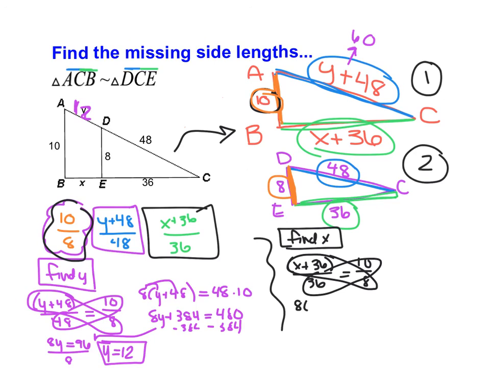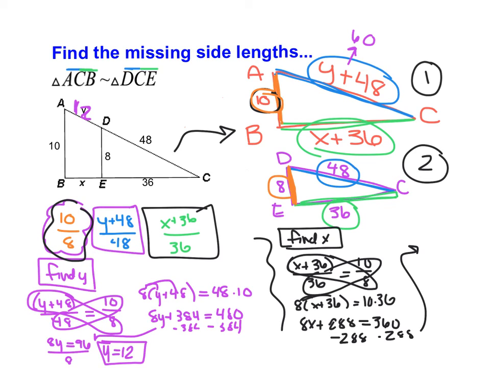So I have 8 times (x plus 36) is equal to 10 times 36. So we distribute here, and that becomes 8x plus 288. That's equal to 360. We then subtract 288 from each side.